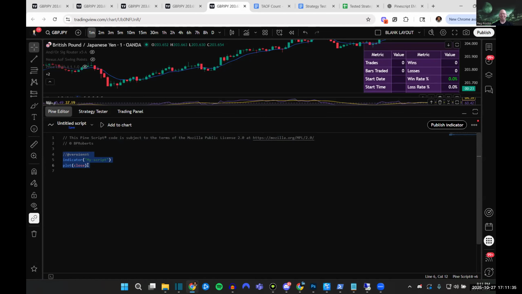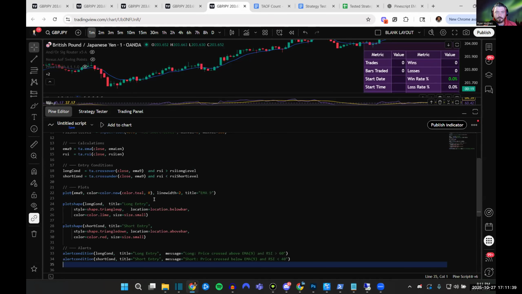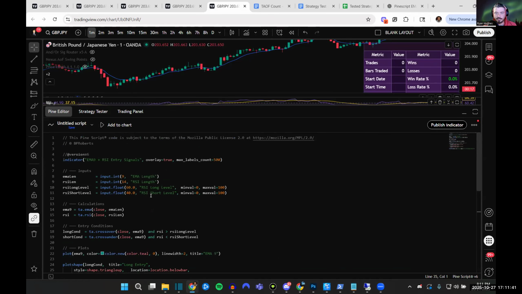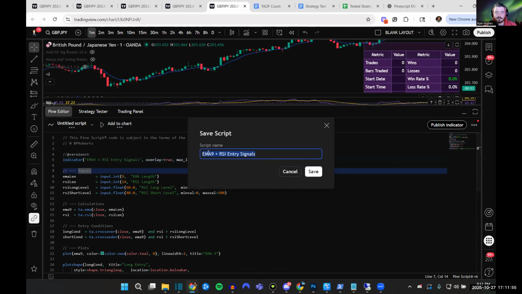Highlight all that, and then go ahead and paste that code that ChatGPT gave us. You can rename it here, whatever you want to name it. This is the name of the indicator right here next to it. Put in there whatever you wish. I'm going to save it. It's going to ask me what my name wants to be right here.